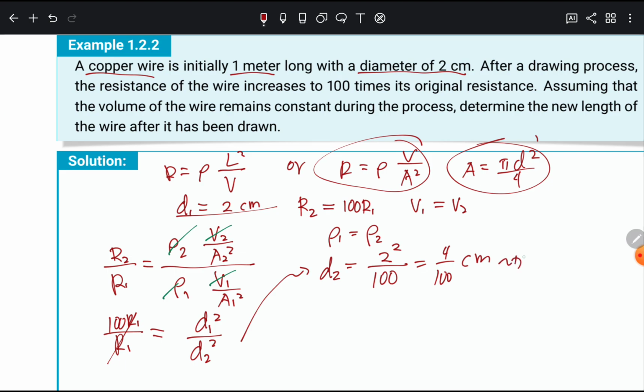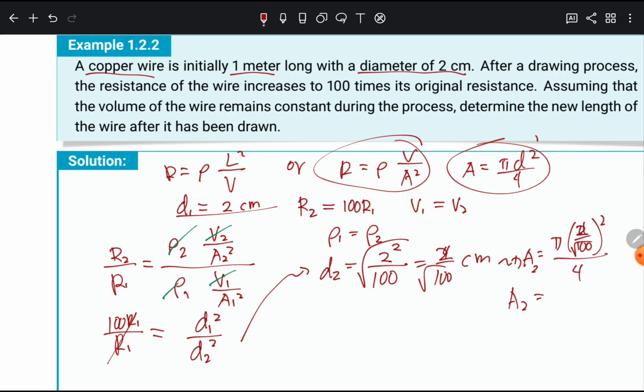And if you solve for the area, the new area will be just equal to pi 4 over 100, or this is square root, sorry, this should be square root, because that's d2 squared, so this will become 2 all over the square root of 100. So 2 all over the square root of 100 divided by 4.